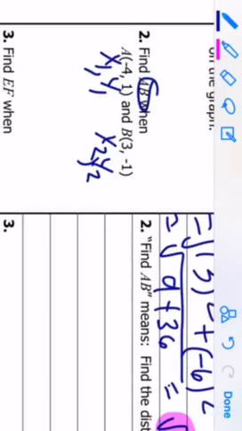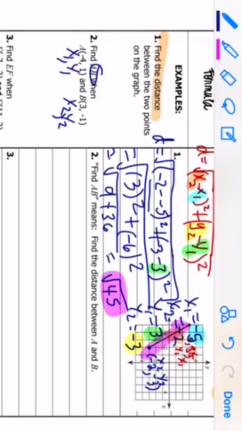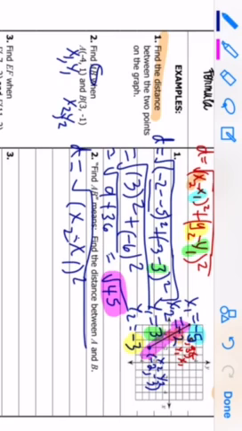I'm always going to write the formula again, even though it's at the top of my page. Distance is the square root of x2 minus x1 squared plus y2 minus y1 squared. All right, and let's plug everything in.